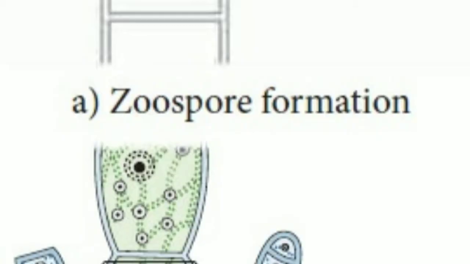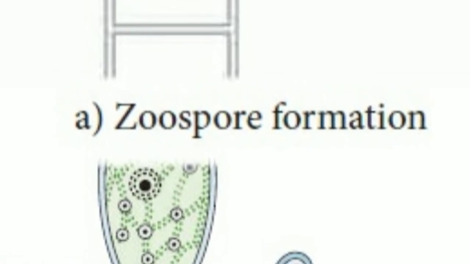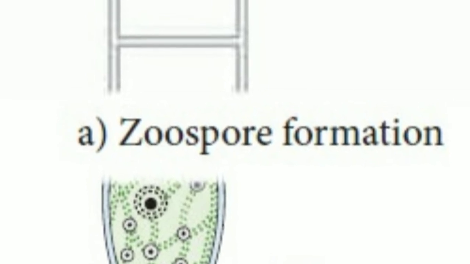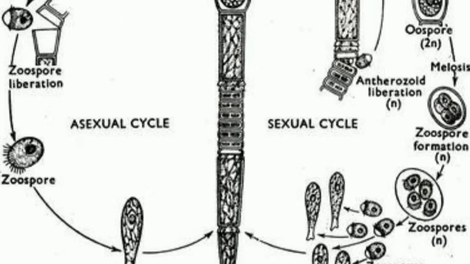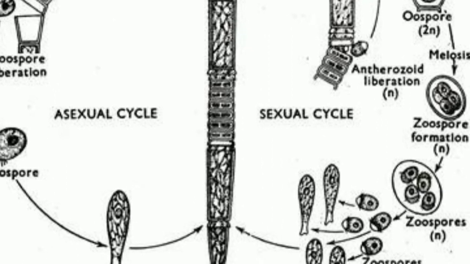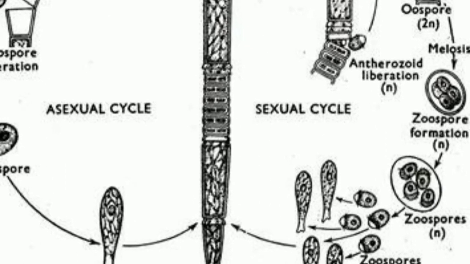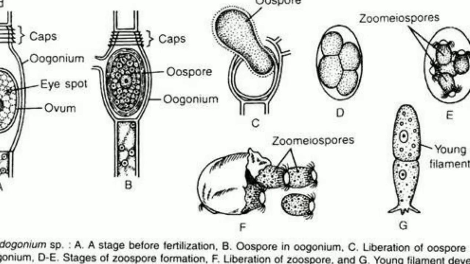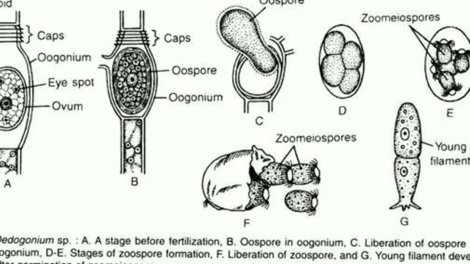Opposite to this slit, a hyaline area is present in the egg, known as the receptive spot. The egg nucleus moves closer to the receptive spot before fertilization. In some species, before fertilization, gelatinous material is extruded through the pore to facilitate the entry of the antherozoid into the oogonium.